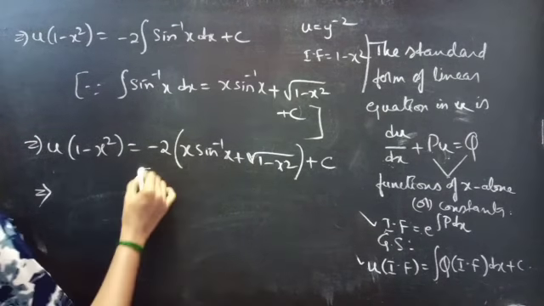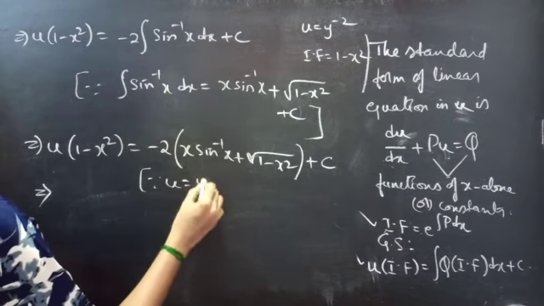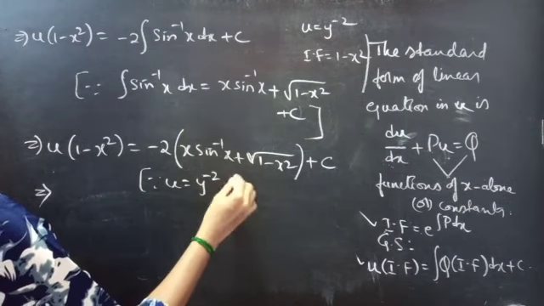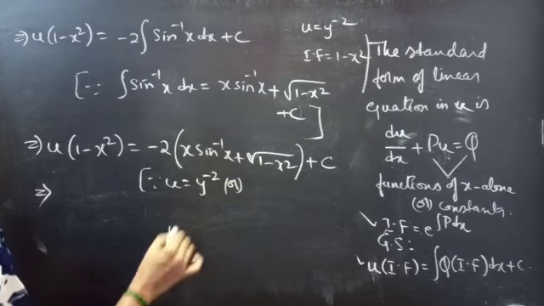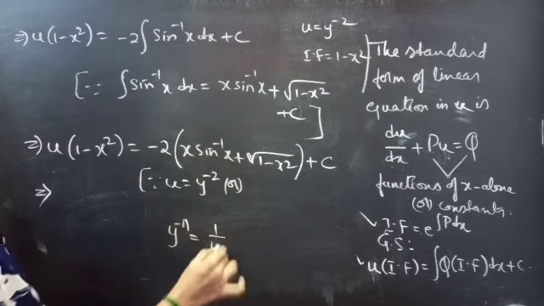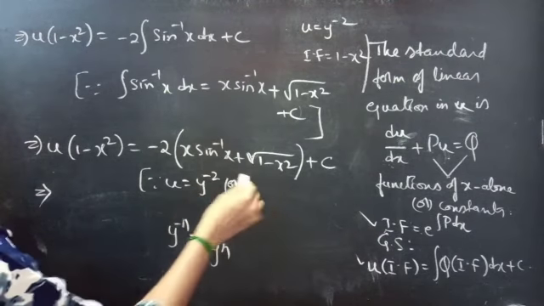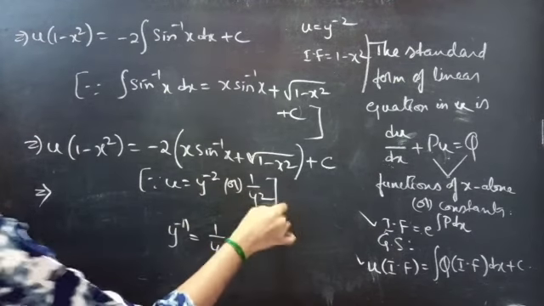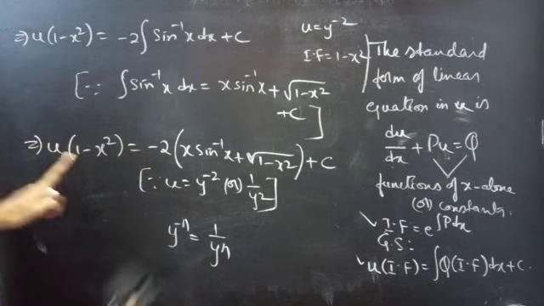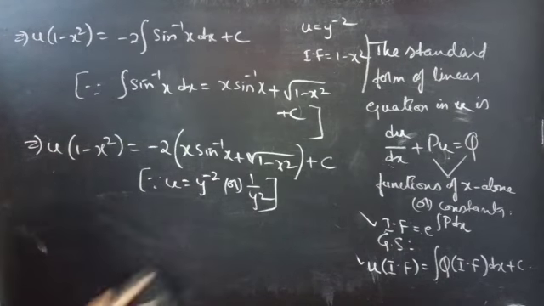Since u equals y inverse, y power minus 2, and we know that y power minus n equals 1 by y power n, we can write y power minus 2 as 1 by y square. Now let's replace u by 1 by y square.